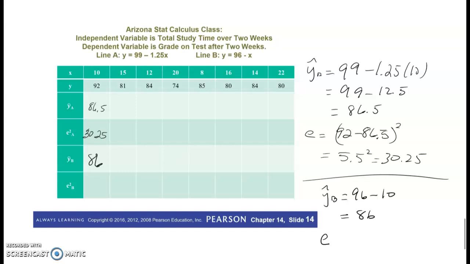And now for error squared for B, you are going to take the 92, which was the raw data, the score the student actually received, minus the 86 and square that. So that's going to give me 6 squared, or 36.